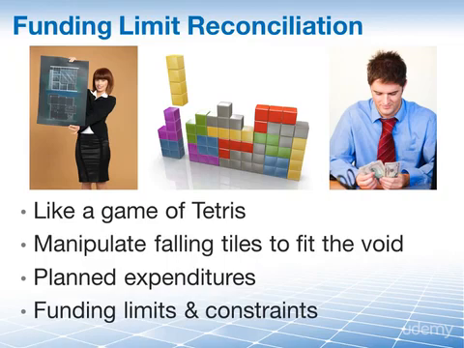For example, I have to wait until the end of the second quarter before I can add additional cost, because my funds are already exceeded there. That's the only funding I have available. So I have to wait until an opening opens up where my new Tetris block fits in.